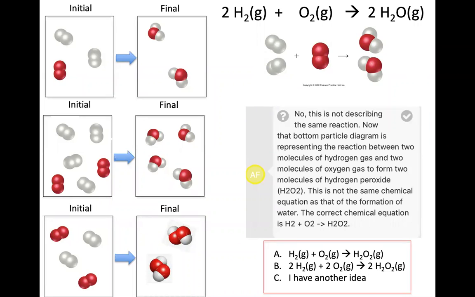If you said A within that, I agree with you for that 50%. I think that is telling me the simplest proportions that I can use to combine to come up with the H2O2 that would be true to that particle representation. If you look at B and say, well, wait a minute, when I look at B, I see two hydrogen molecules. I see two oxygen molecules. I see two of the hydrogen peroxide.